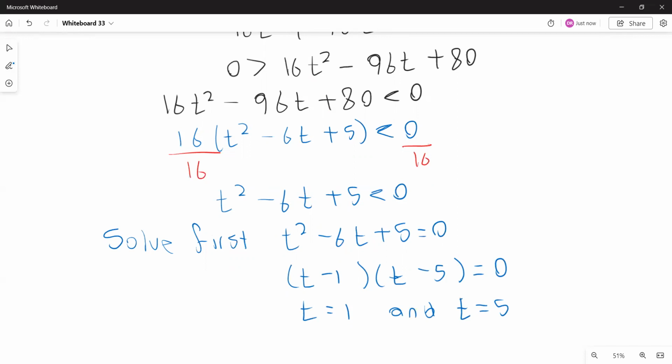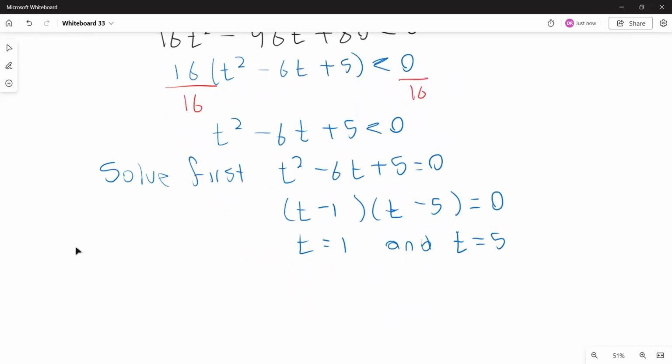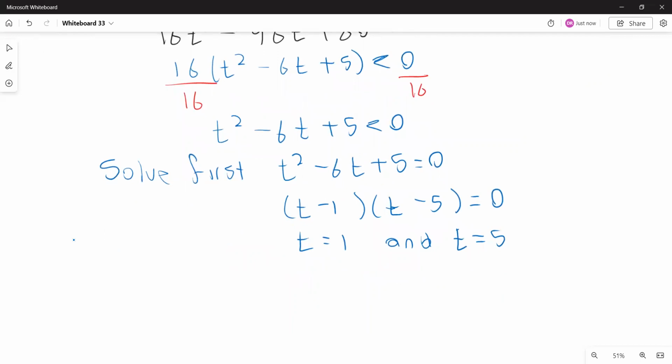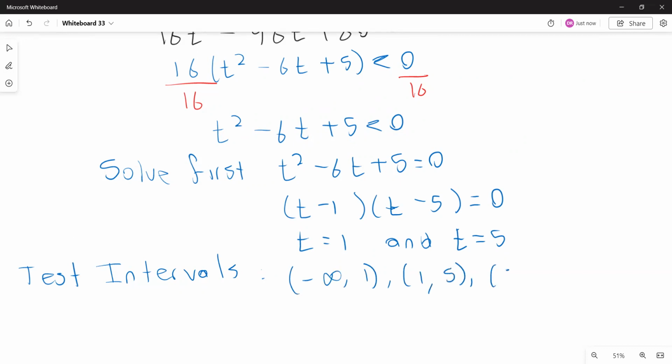We have 3 test intervals: negative infinity to 1, 1 to 5, and 5 to infinity.